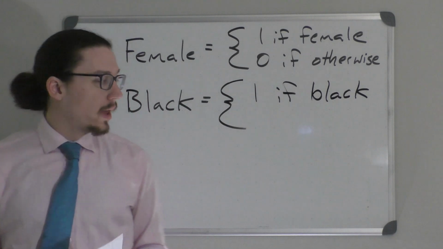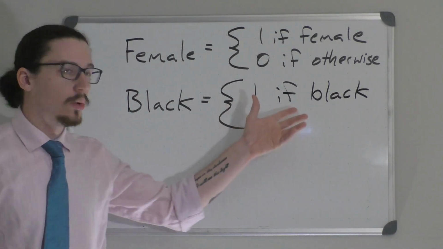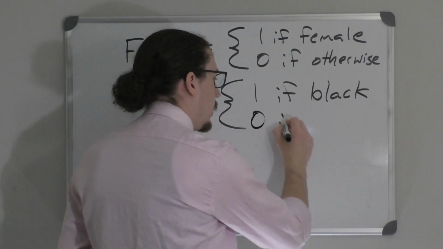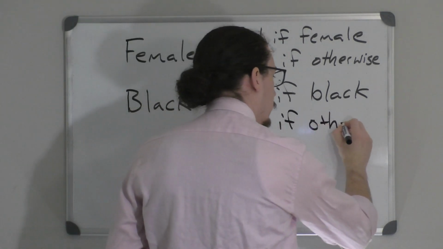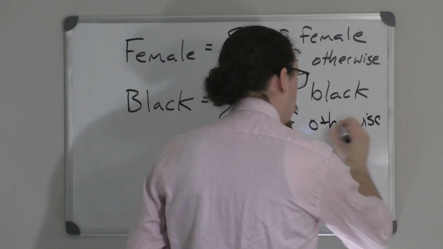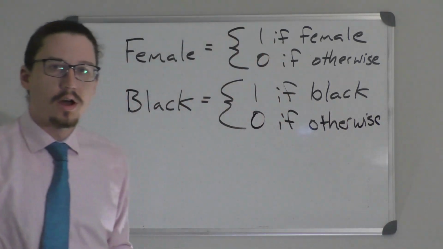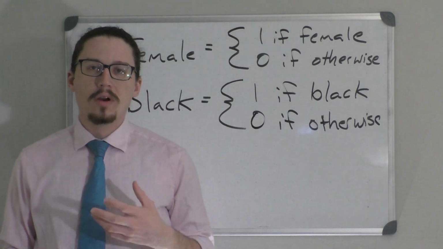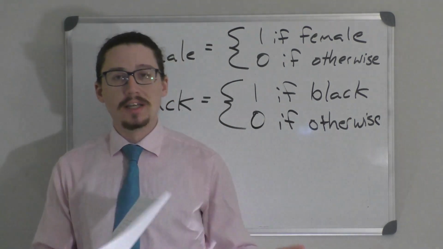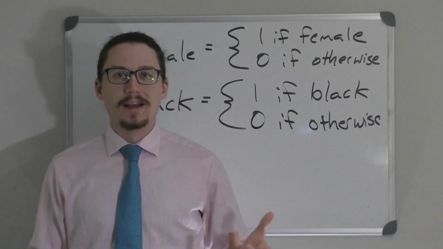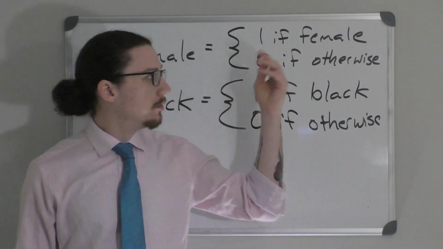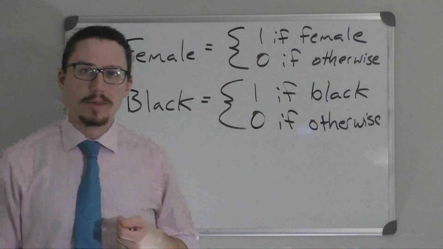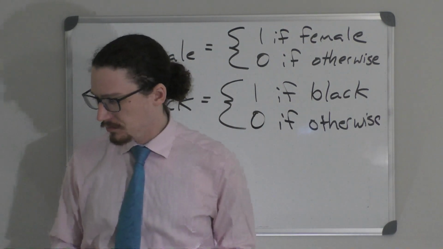The variable black will equal 1 if the individual is black, and 0 otherwise. Again, this is going to allow us to attempt to estimate the effect of being female on wages and the effect of being black on wages.